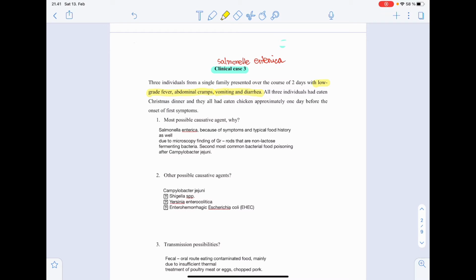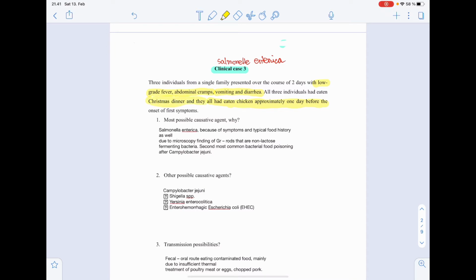You will find that the patient is having a low grade fever, and also vomiting, and as food, the patient ate chicken approximately 1 day before at the Christmas dinner.